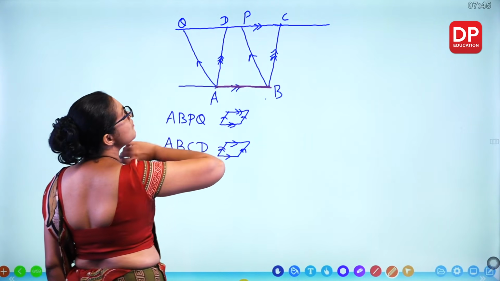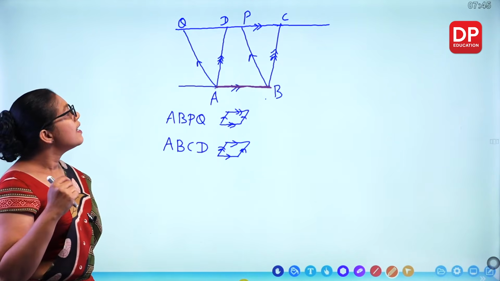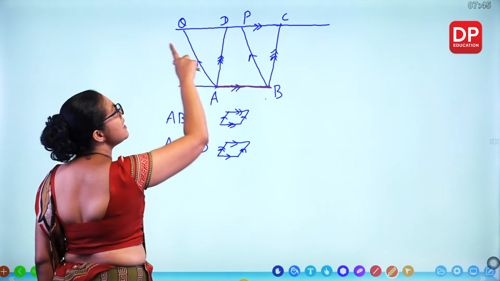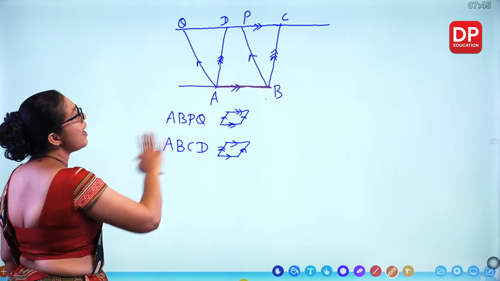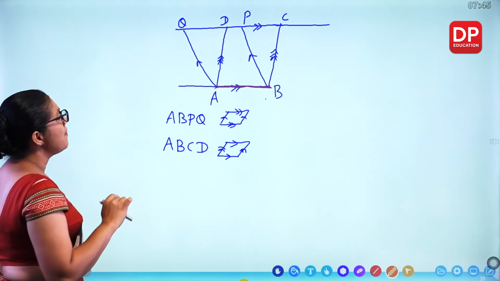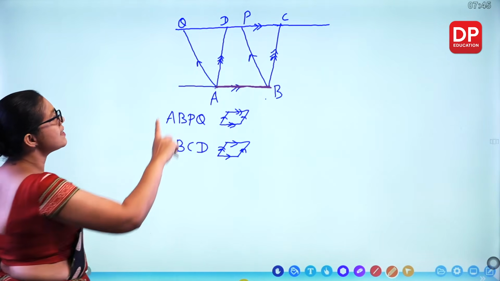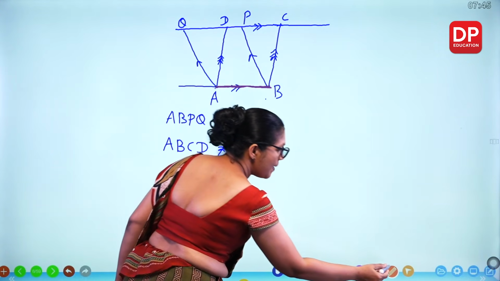And what else can we see? Both these parallelograms are in between the two parallel lines AB and CQ. So when you look at this diagram, ABPQ and ABCD, both these parallelograms are on the same base.